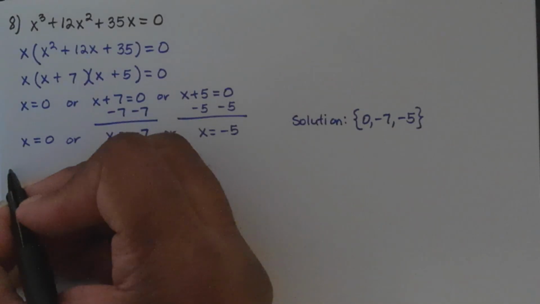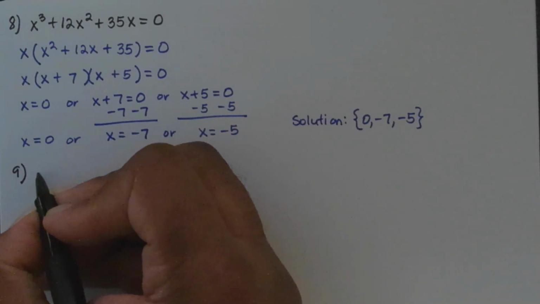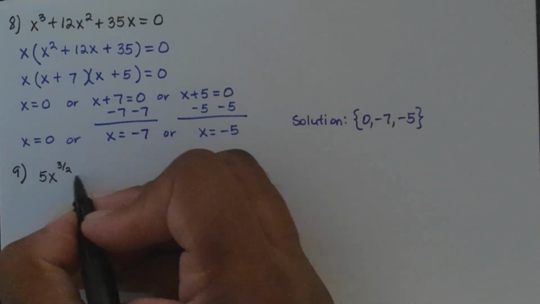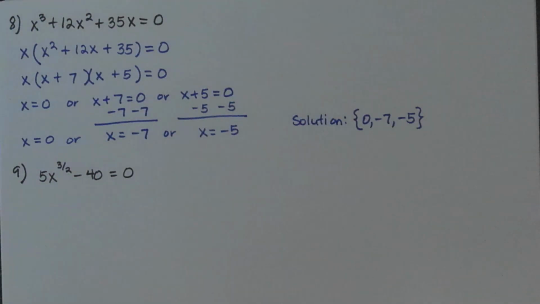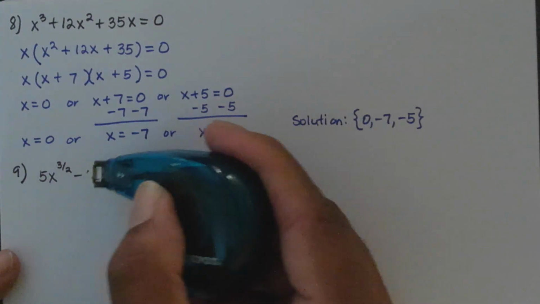All right, now problem number 9 is one of those equations with a rational exponent in it. Here you got 5x to the 3 halves minus 40 equal to 0.